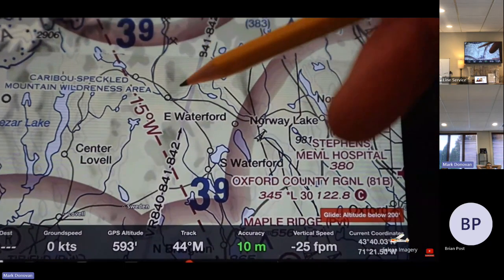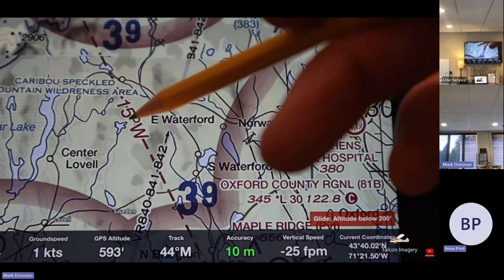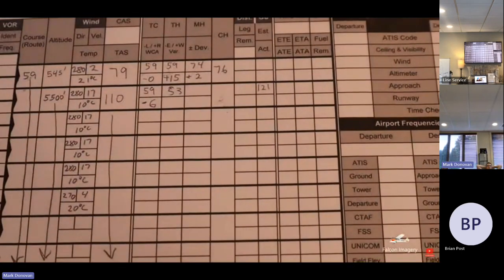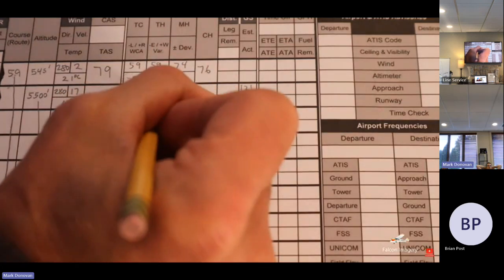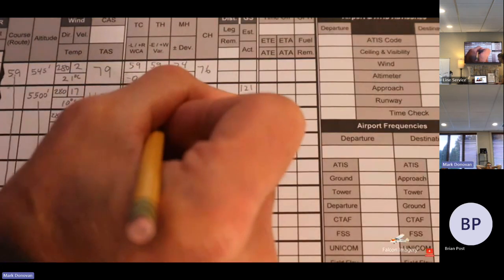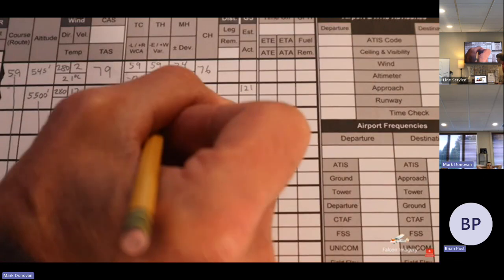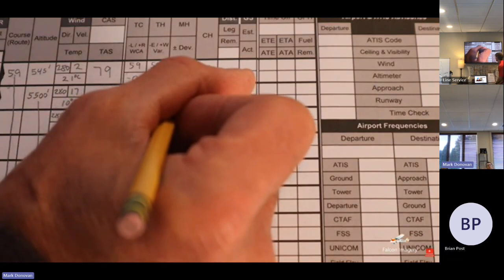So we're going to add that 15 degrees or subtract. We need to determine first here. We're going to put that 15 degrees in the table right here. So it said west, so we're going to add plus 15. So that gives us 63. That gives us 68.